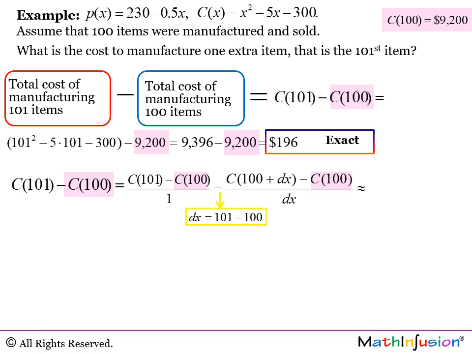And if dx had been approaching 0, this would be the exact derivative of the cost. But because dx is not approaching 0, this is only an approximation to the derivative of the cost at the value where x equals 100.